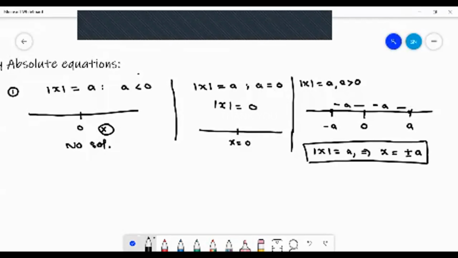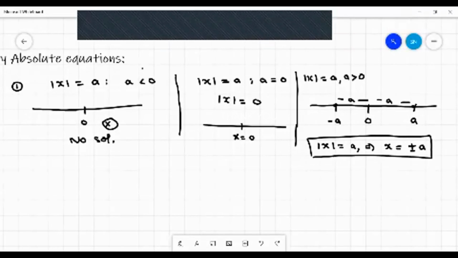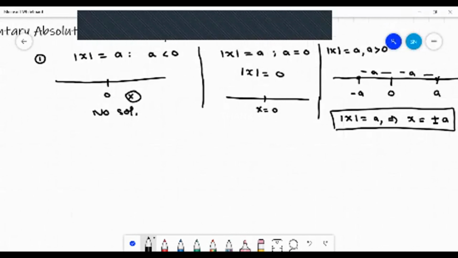The same concept we can observe through the graph. In the first case, I take the graph of y equal to modulus of x, and y equal to a.